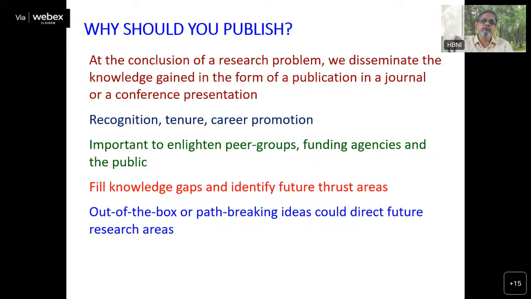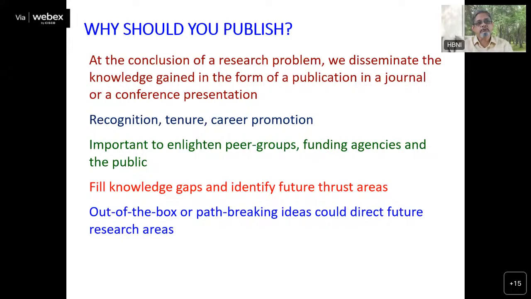Why the general public? Because the general public pays taxes, which in turn fund your research. So you owe it to the general public to let them know what kind of research you're doing and how it is finally ending up.